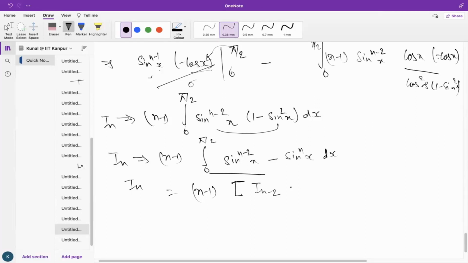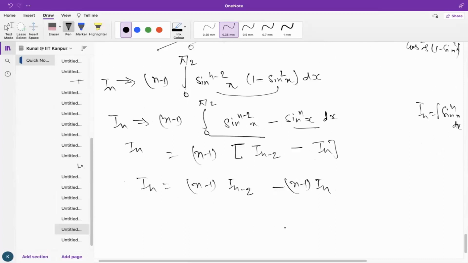Okay. And then here we can write it as In, because our In is nothing but the integration of sine to the power n x dx. So when we solve this, what we get? In equals n minus 1 times I n minus 2 minus n minus 1 times In.